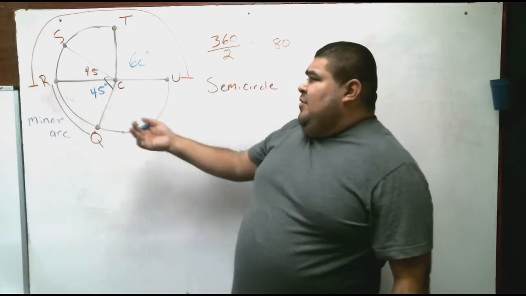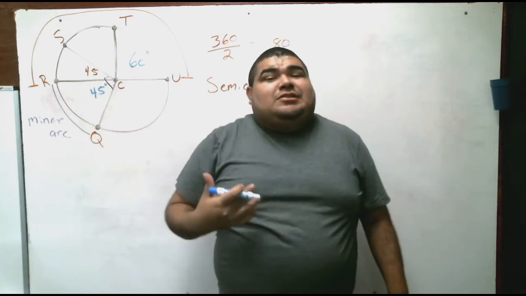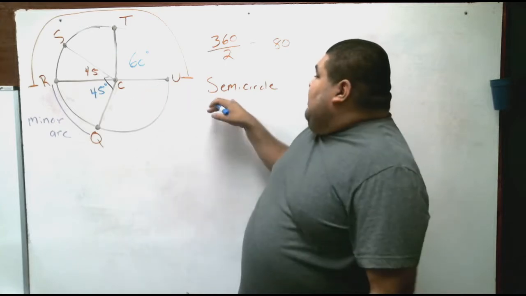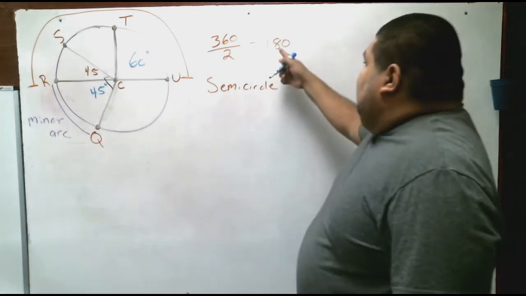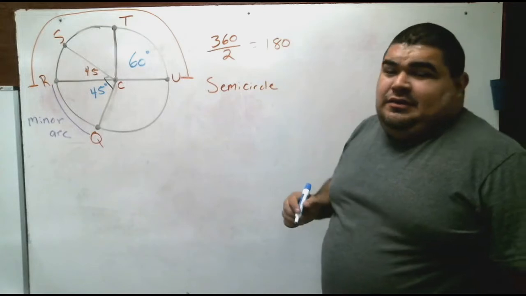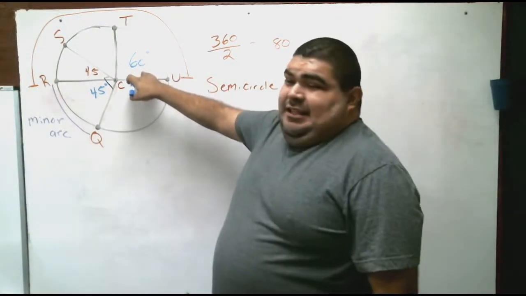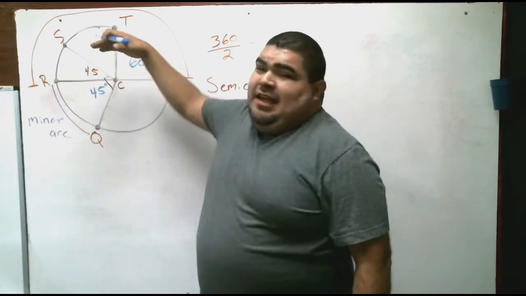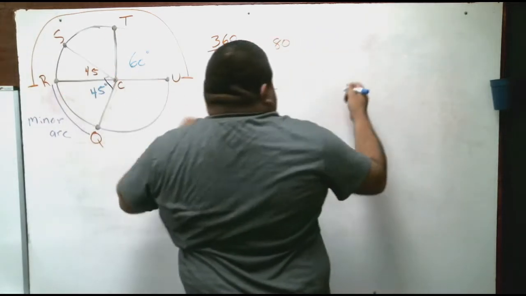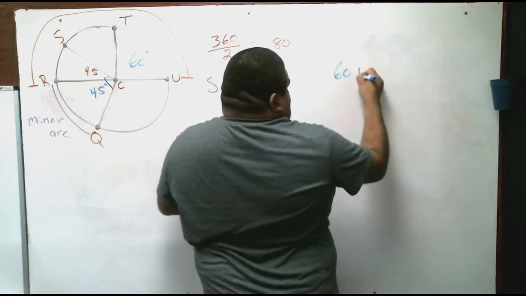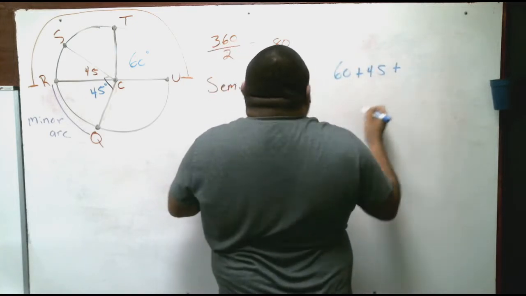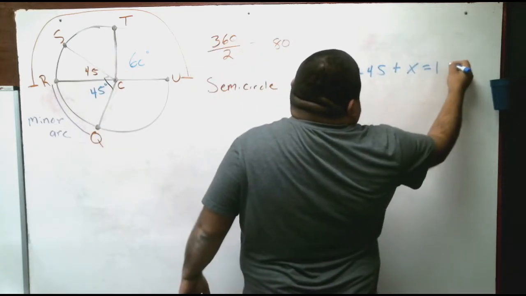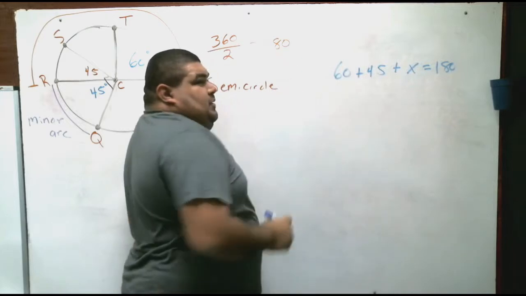You might ask yourself, how do you know if there's something there? We can actually solve what's there by using the theorem of a semicircle. We know a semicircle equals 180 degrees. So we can say 60 plus 45, because remember, it's in that part of half. 60 plus 45 plus x, because we don't know what that is, x equals 180, because that's what a semicircle equals.